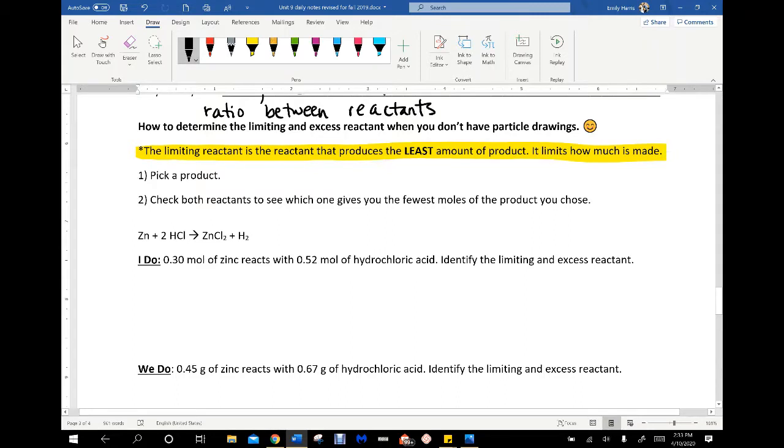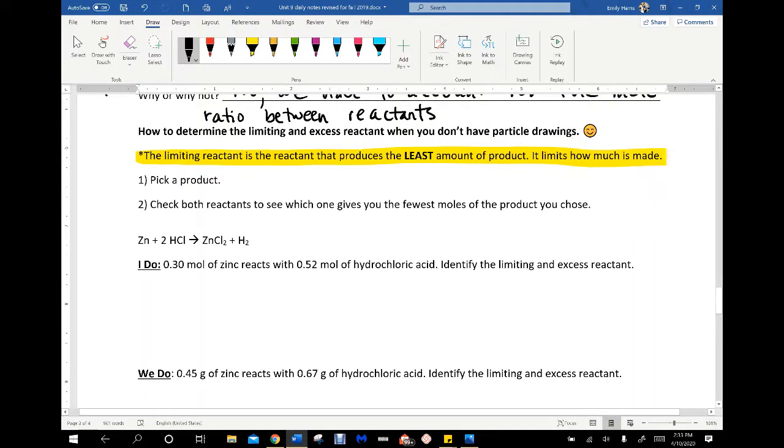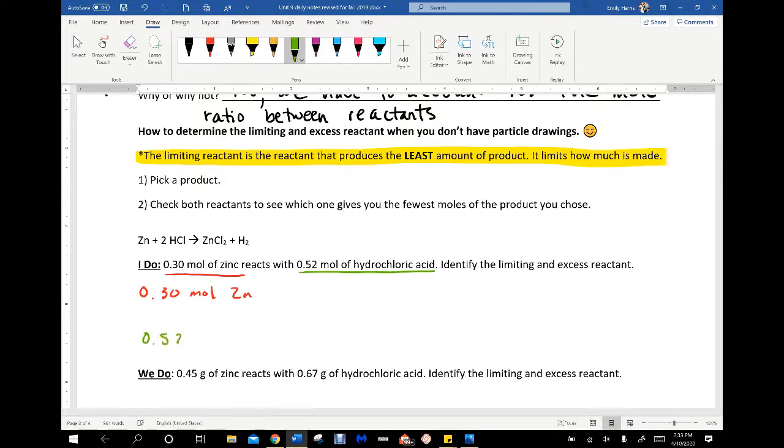So here, they give us information about each of our reactants. In this first problem, we have 0.30 moles of zinc, and we're reacting it with 0.52 moles of hydrochloric acid. We're going to set up a workspace for both of our reactants. Here's zinc, and here is hydrochloric acid. Now, we need to pick a product. It does not matter which product you pick.